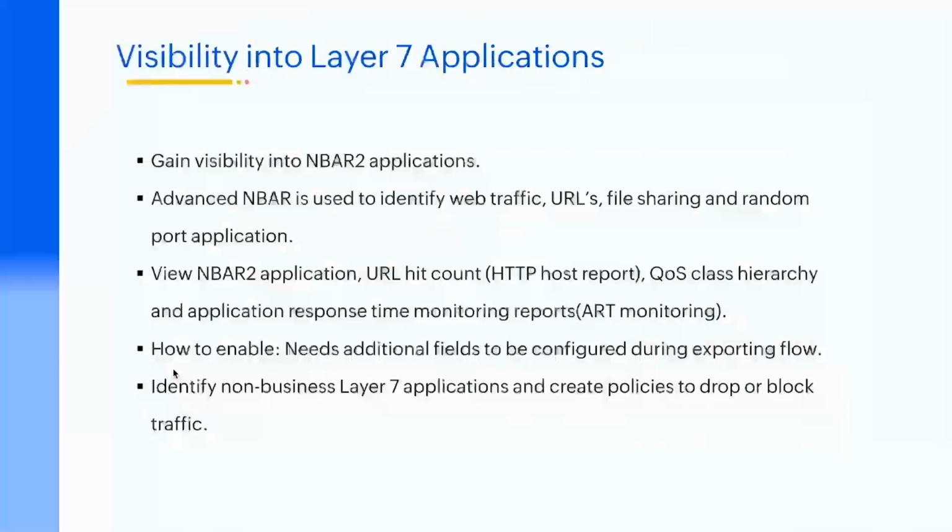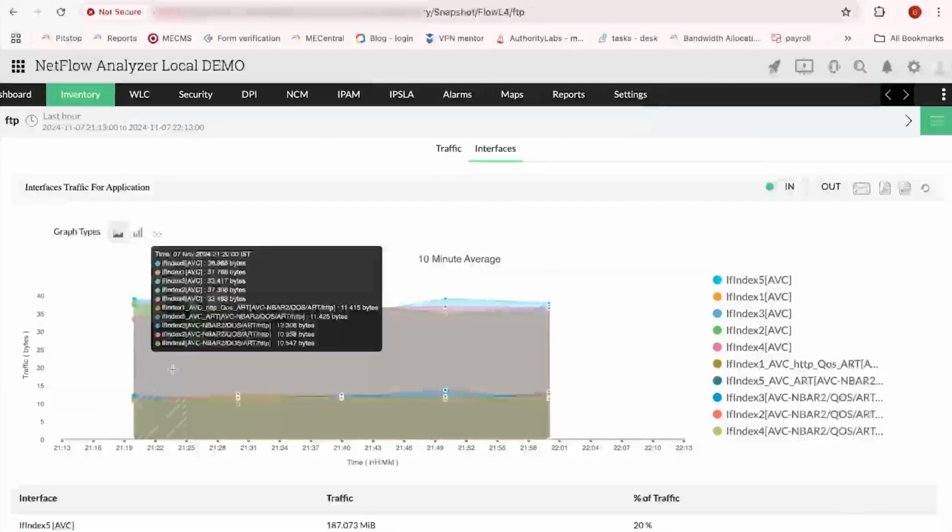Though there are tools to help monitor cloud services, monitoring applications of dynamic ports can be challenging with their increase in today's world. Cisco ABC monitoring will help you overcome this issue by giving you insights into NBAR2 applications, web traffic, and URL hit count, the app-centric QoS classes, and ART monitoring. Let's switch to our UI now.